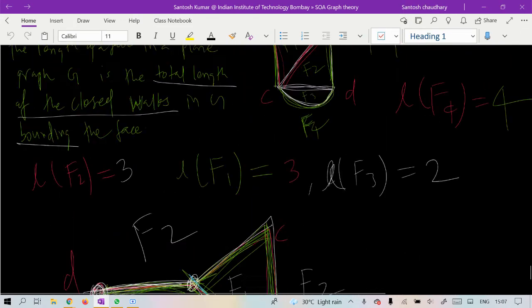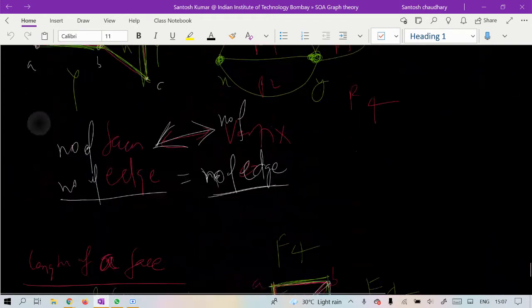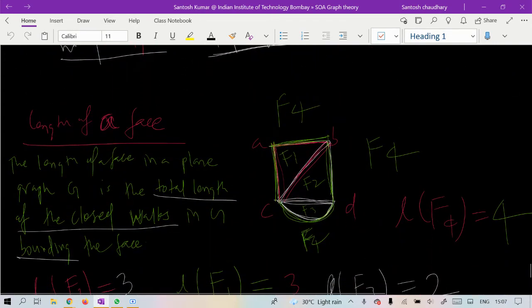Okay, so in the last class, we were doing length of a face. Already we have seen planar graph, planar embedding, dual graphs, and length of a face.